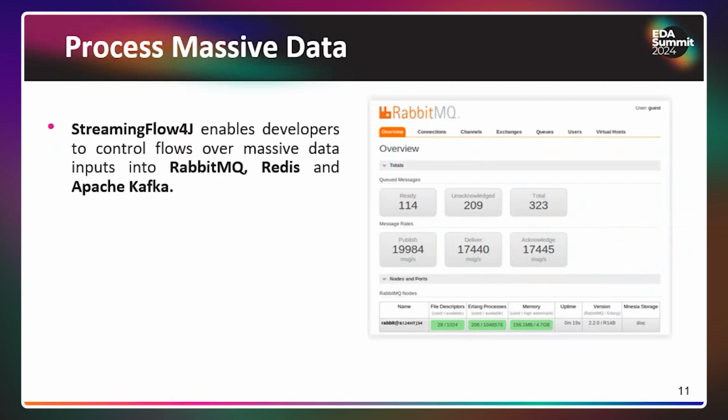Processing massive data, big data, and you realize that all the processing, for example, when you use RabbitMQ and Redis, mainly with Redis, uses resources in real time and in parallel, in memory.